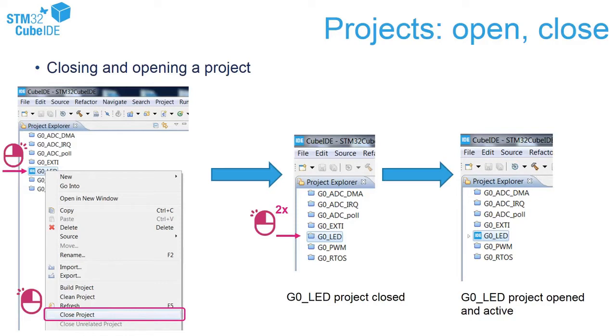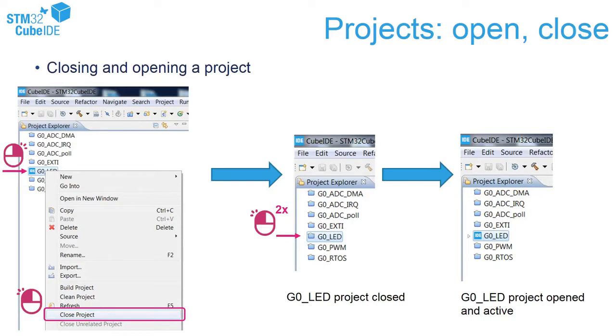It may happen that you will edit some files from a project which is not currently active. It can create some mess. This is why there is a good feature within Eclipse, and it is available within STM32CubeIDE as well, which allows you to close and open the project.